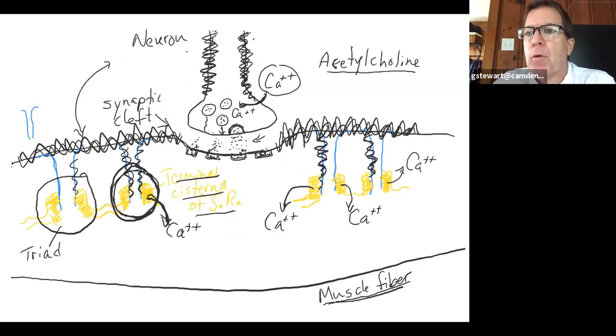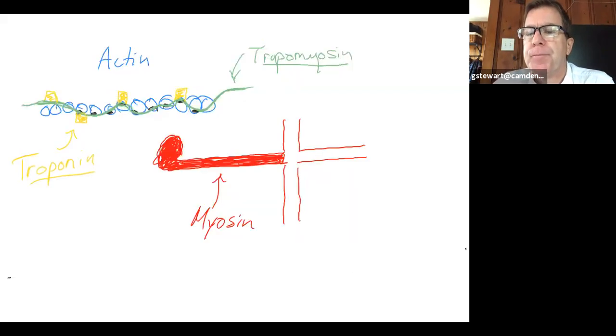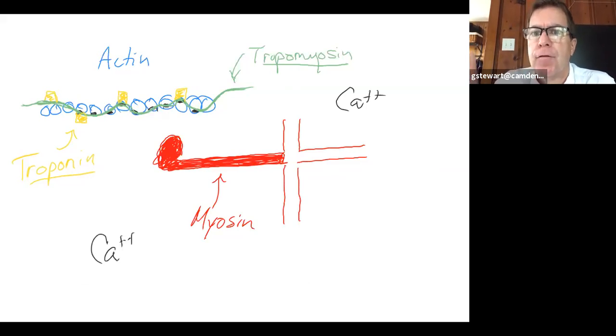We went through chapter 1. We started with a nerve impulse up here. We ended up with releasing calcium ions inside of the muscle cell. Here's what that calcium does. When calcium is released to the interior of the cell from those terminal cisternae of the sarcoplasmic reticulum, calcium ions bind to that troponin.